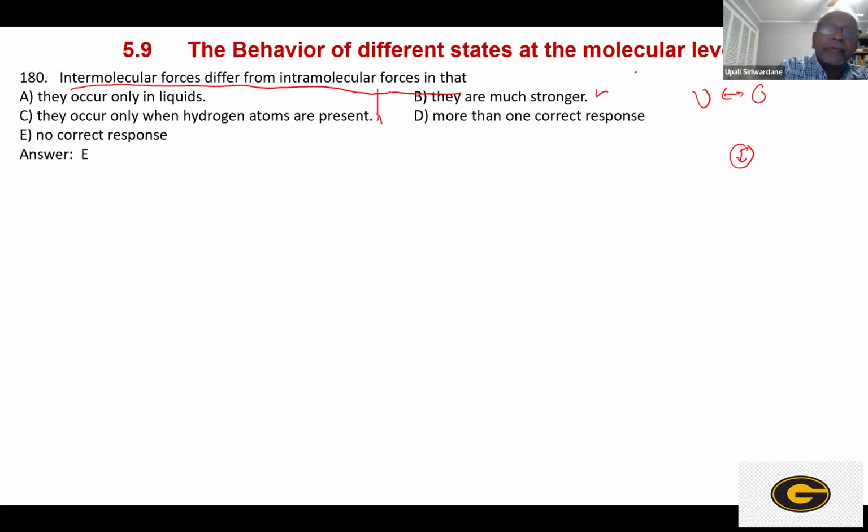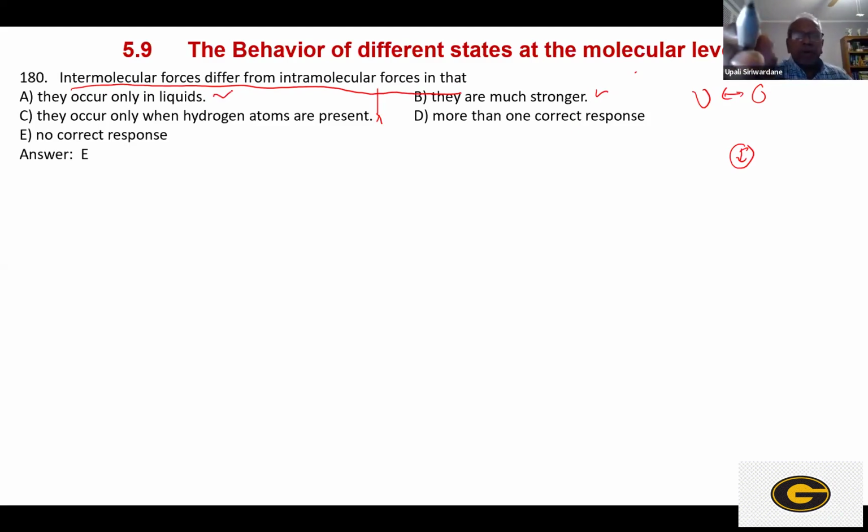This is not true. Intermolecular forces appear only in... none of these are correct. Intermolecular forces, both liquid can have both.